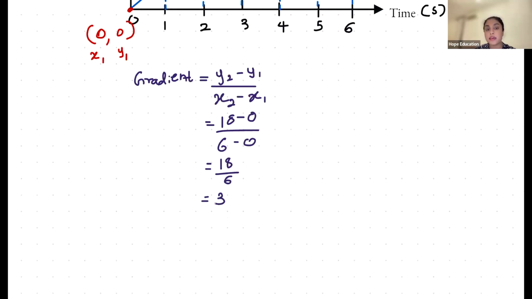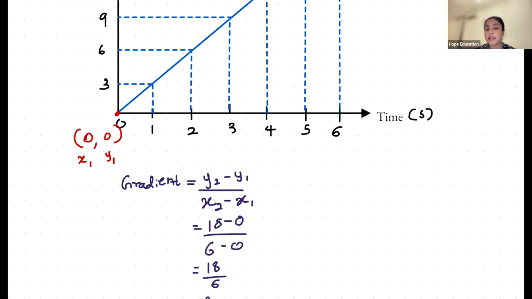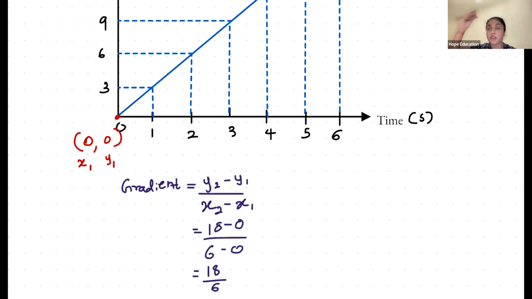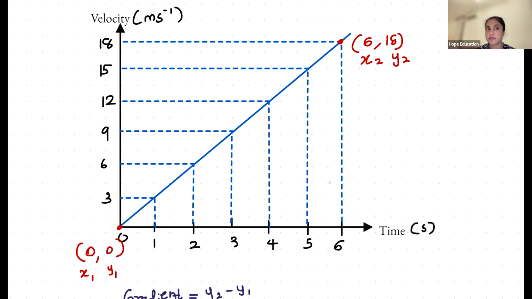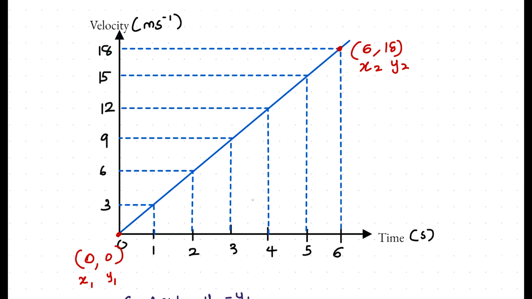Now look, y2 minus y1 means I got y values. What is the y-axis in this graph? Quickly tell. What is in the y-axis of this graph? Velocity.